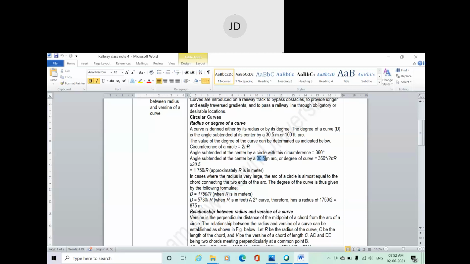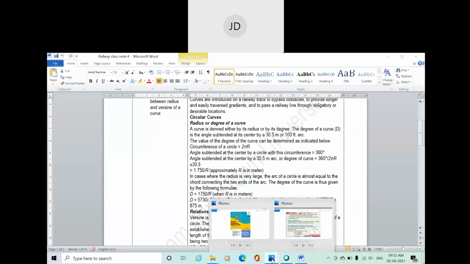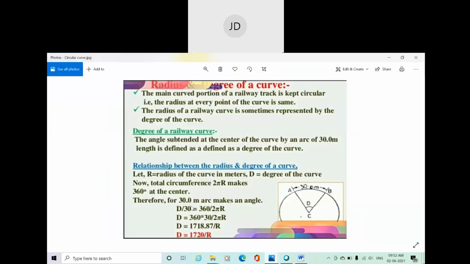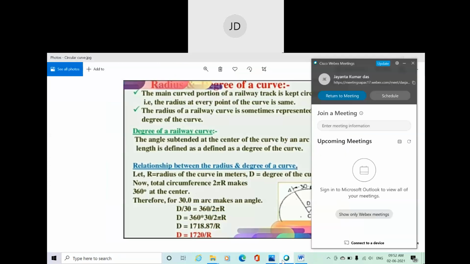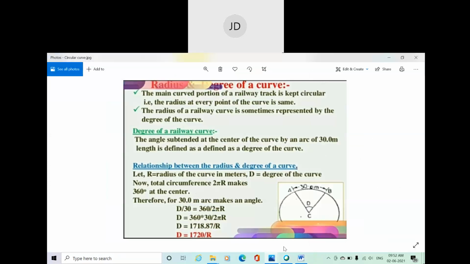Whenever you consider 30.5, but here you can see it is considered 30 meters, that's why it is coming different. So it depends on what arc length you are considering. Okay, fine. So this is all about your circular curve. Is it clear to you?